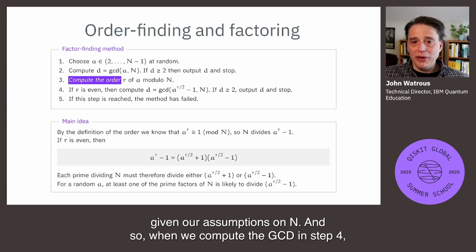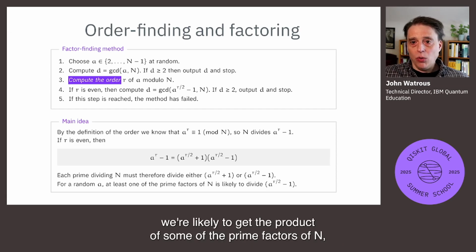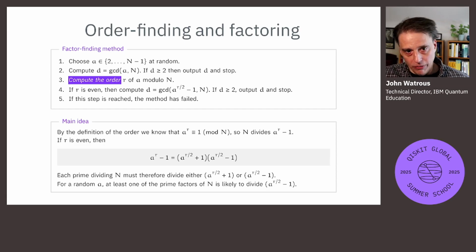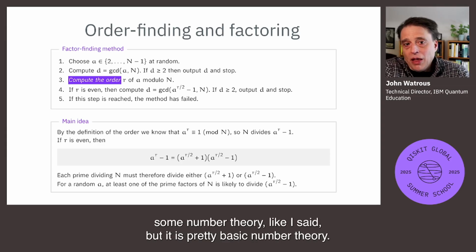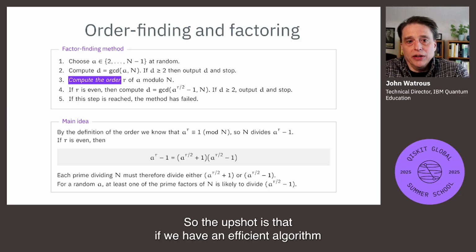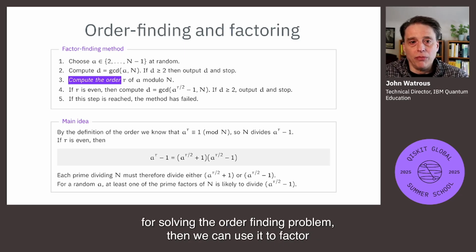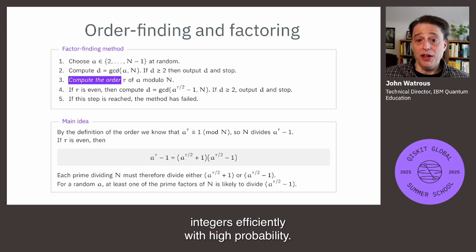And so when we compute the GCD in step 4, we're likely to get the product of some of the prime factors of n, but not all of them. To analyze this carefully requires some number theory, like I said, but it is pretty basic number theory. So the upshot is that if we have an efficient algorithm for solving the order finding problem, then we can use it to factor integers efficiently with high probability.